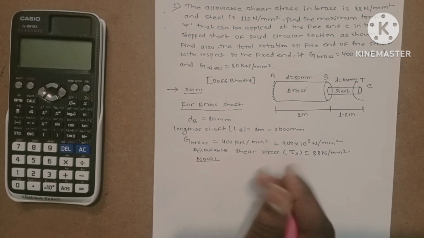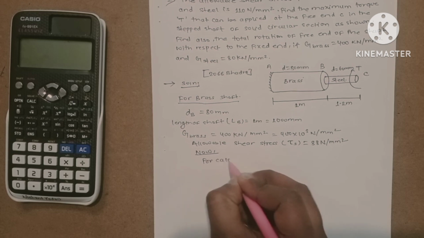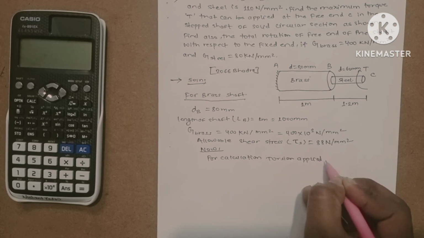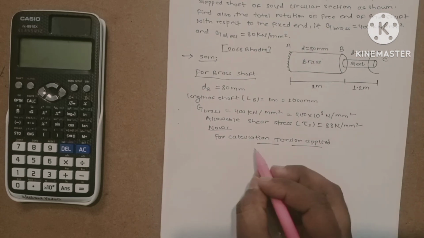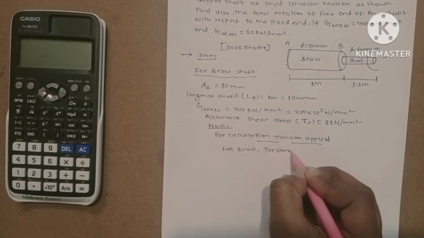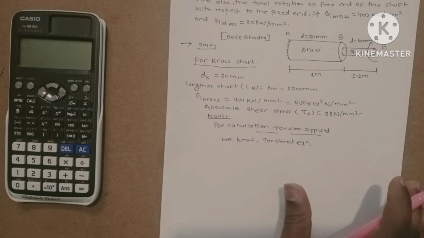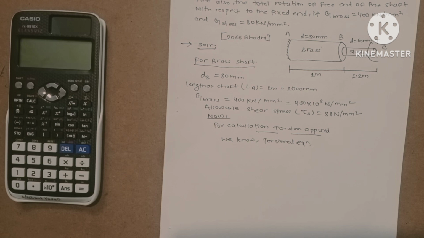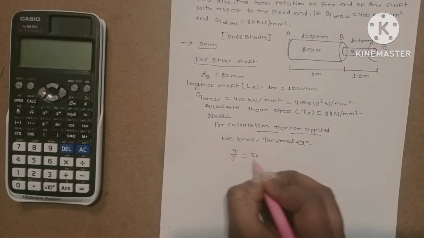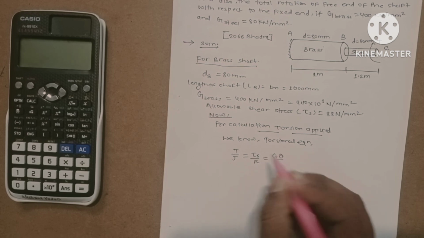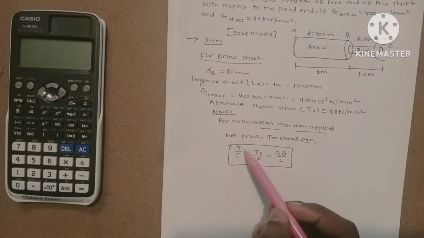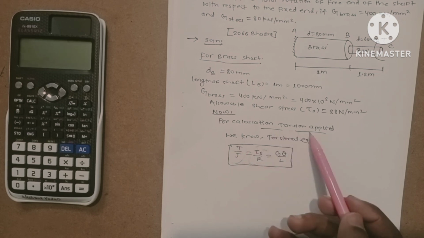Now for calculation of torsion applied, we know the torsional equation: T by J equals tau s by R equals G theta by L. So from this equation we need this ratio and this ratio because we have to find the torsion applied.